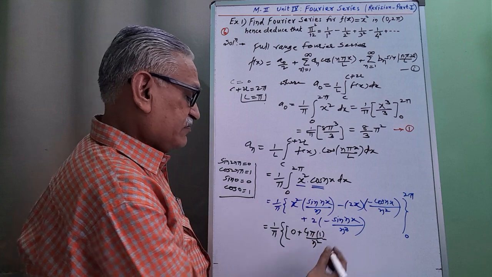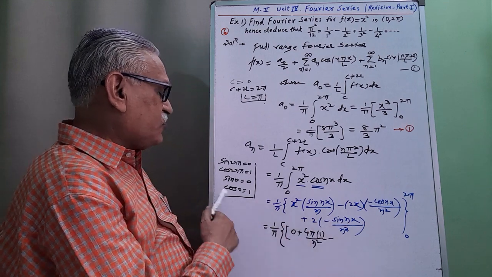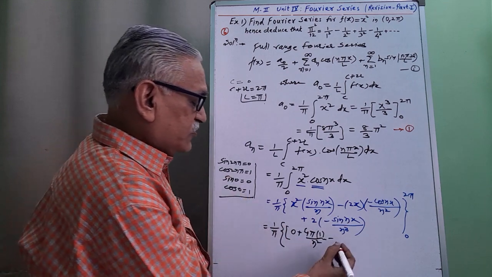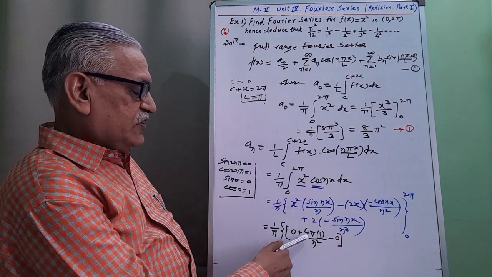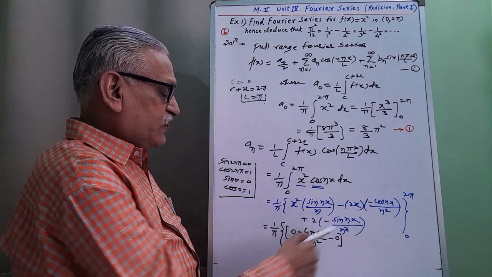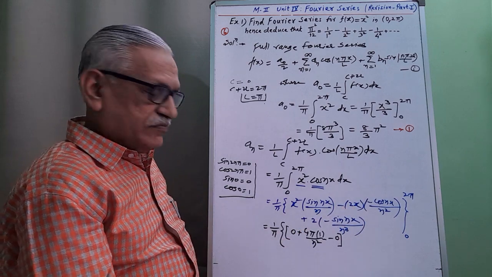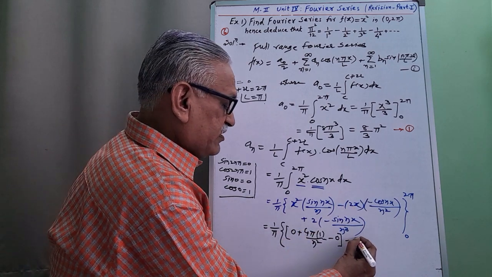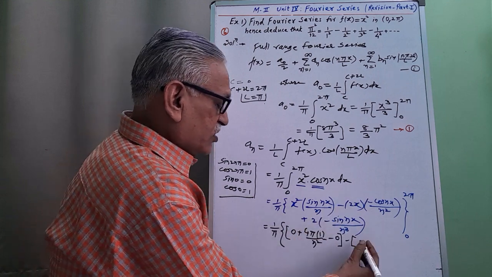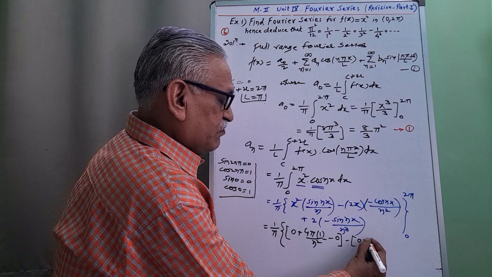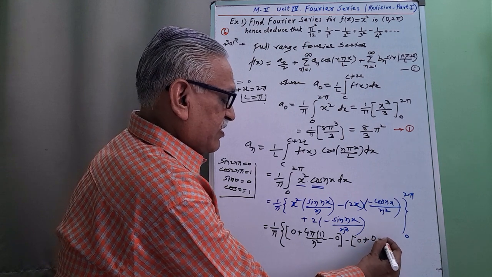Then minus, again sine 2n pi is 0, therefore that third term is 0. And then minus lower limit, x0, 0, x0, 0, and sine 0, 0. Therefore, 0 plus 0 and minus 0.